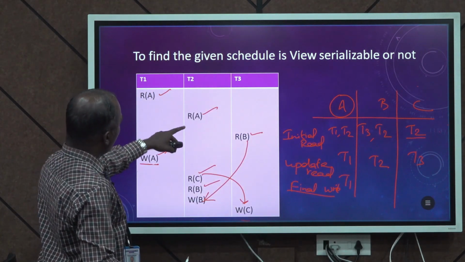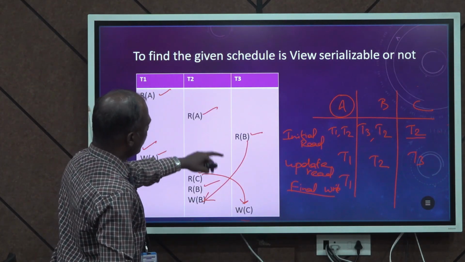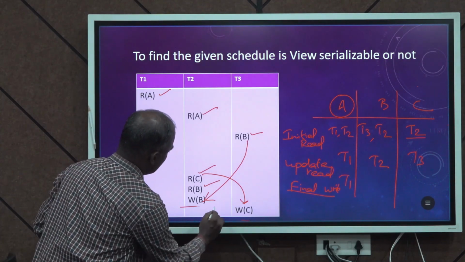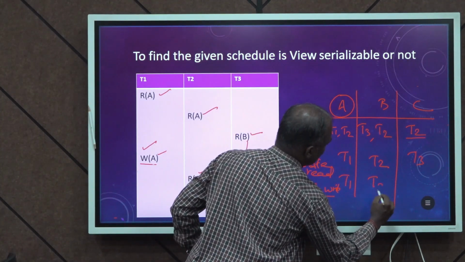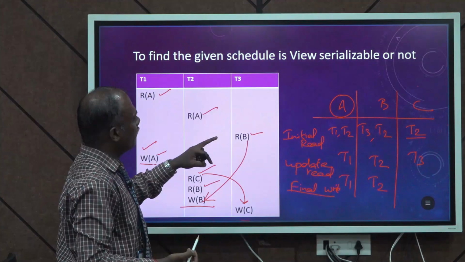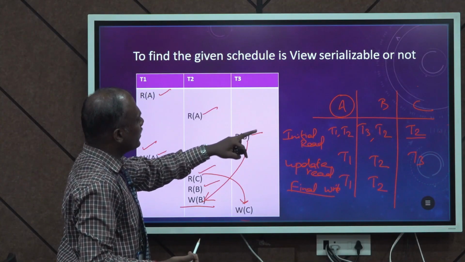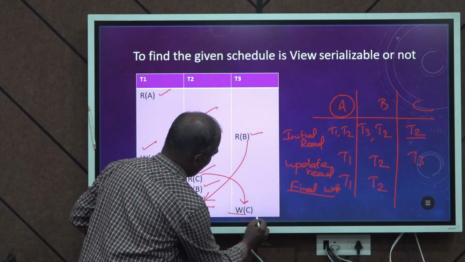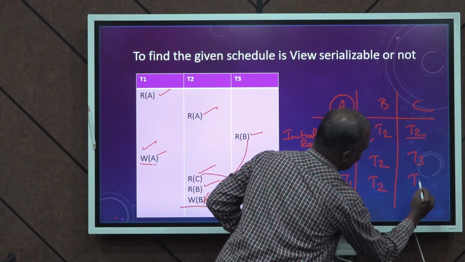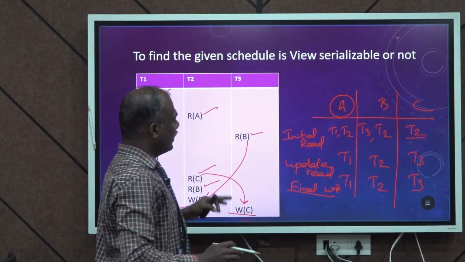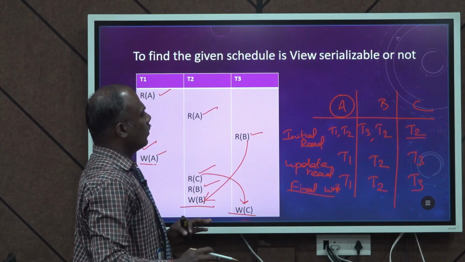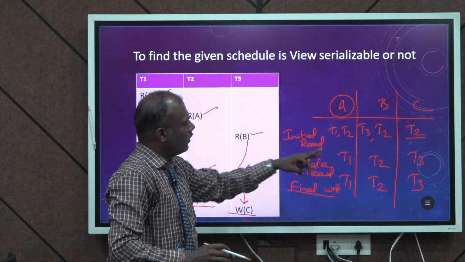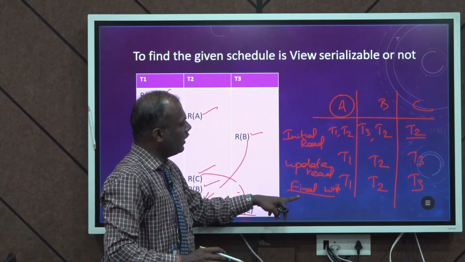The next is WB, which we mention as T2. For C, where is the write operation for data item C? Here WC is mentioned, so we mention T3. In this way we draw the values for initial read, update read and final write.